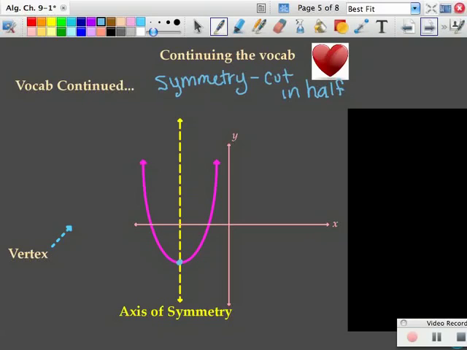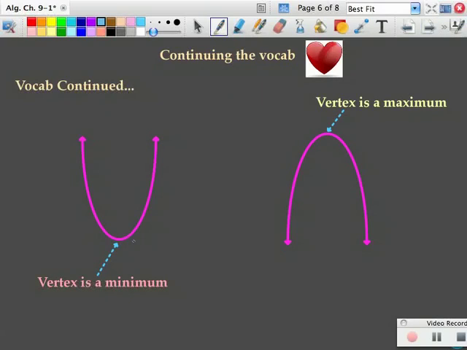And then we have two more things with minimum and maximum. Minimum. Now, this one gets kind of tricky because it would actually be a positive x squared graph. But the vertex is actually a minimum because it's opening upward, which means the part where it goes down and starts to come back up is the lowest point on the graph.